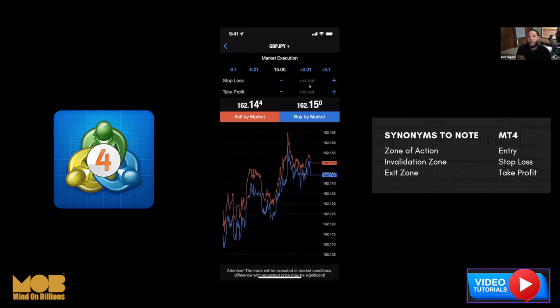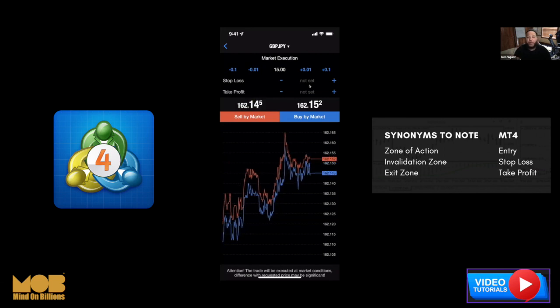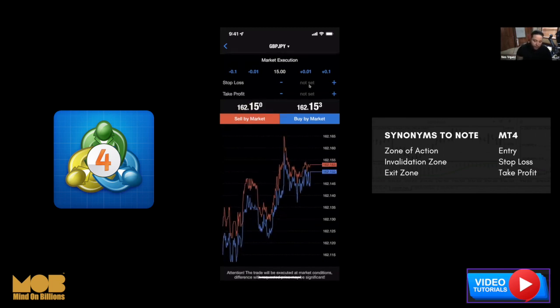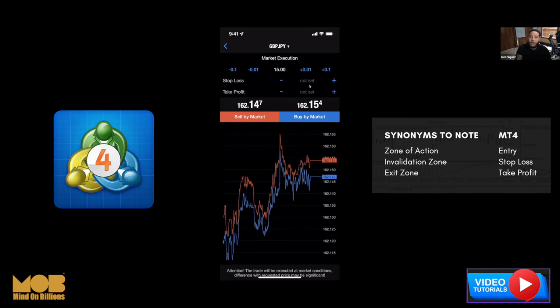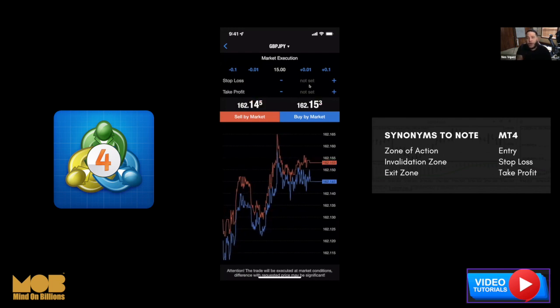If the market is going in your favor, this exit level will exit you out of the market in profits. So it is very helpful that you put your safety net and your exit level on, because you will have the peace of mind knowing the potential outcomes of your position, whether it goes right, whether it goes good.